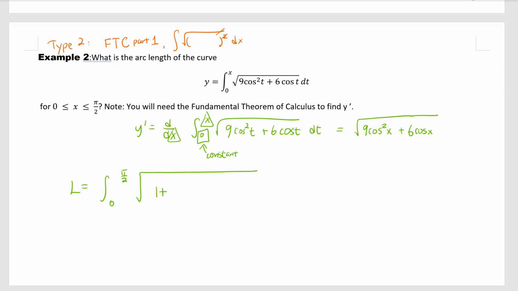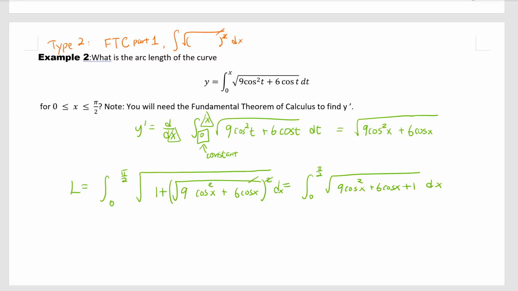Well, the square root and the square cancel. Maybe let me write down the square root. So the square root and the square cancel, and then don't forget the dx. When they cancel, we can also reorder it, so I get 9 cosine squared x plus 6 cosine x plus 1.